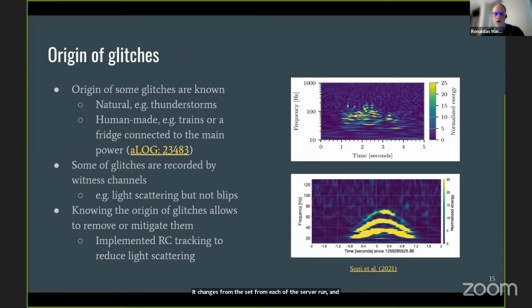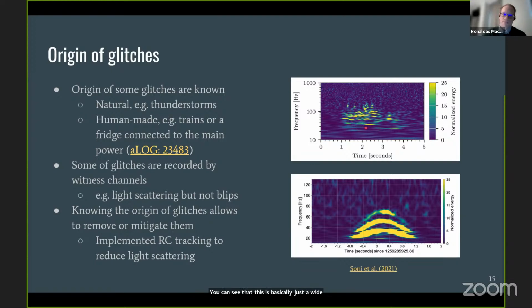And what is the origin of these glitches? We know the origin of some glitches. We cannot really know the origin of other glitches. For example, there are some glitches that are caused by natural things, like thunderstorms. Here on the top, you can see an image of a thunderstorm glitch. This is basically just a wideband glitch happening over the period of a thunderstorm.